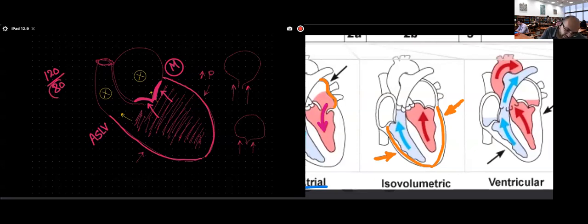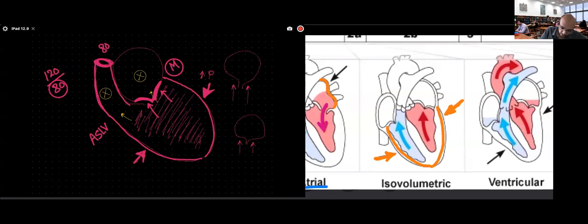What I mean by 80 millimeters of mercury is that the blood pressure in my aorta when the ventricles were relaxing was around 80 millimeters of mercury. So I'm starting to contract right now.